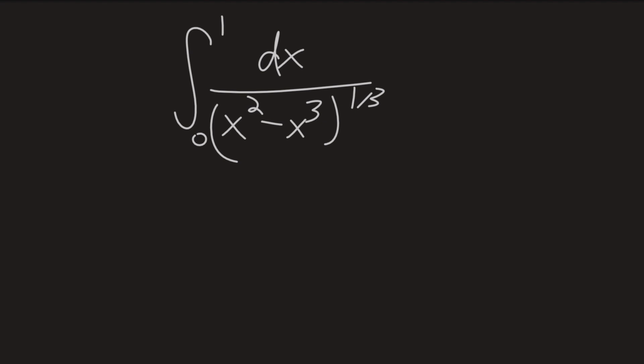The integral I was originally trying to do was this one right here, the integral from 0 to 1 of 1 over x squared minus x to the third, all to the 1/3. And I managed to get the right answer, but when I tried to make the video for it, something wasn't working with the complex numbers, because the complex numbers don't want to work on Tuesdays apparently.